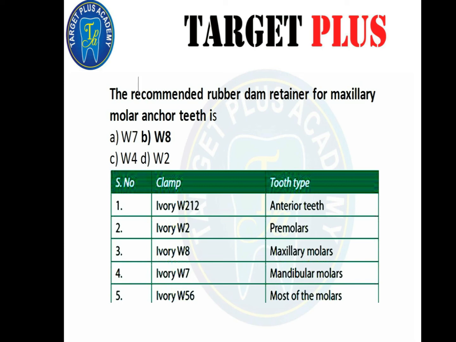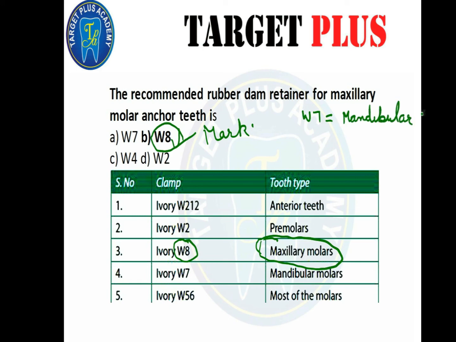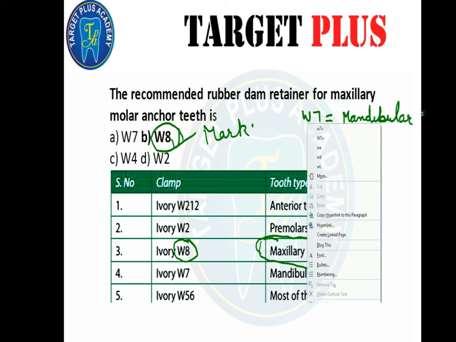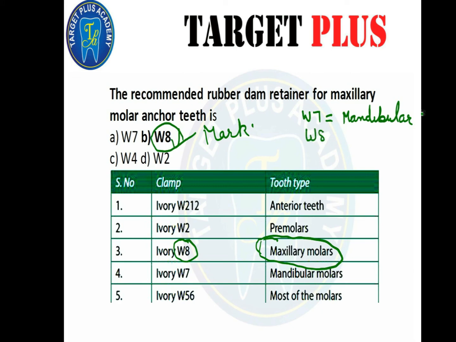The clamp recommended for maxillary teeth, from the table, is W8, and ivory 212 for the anterior teeth, W2 for the premolars, W7 for the mandibular molars, and W56 for most of the molars. So W7 is for mandibular, W8 is for the maxillary molars, and W2 is for premolars.